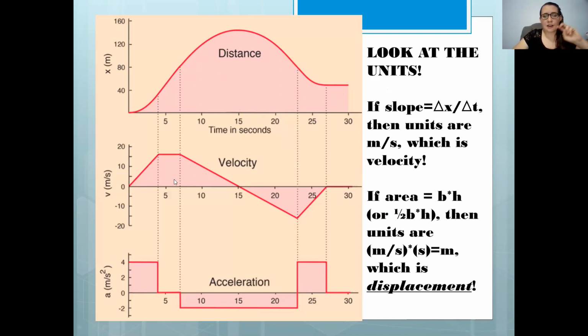But in this case, the area under the curve here is actually over top of the line. It's just the area between the line and the x-axis. So over here, it's above the x-axis. Over here, it's below the x-axis. But those pink shaded regions are what we're referring to as the area under the curve.